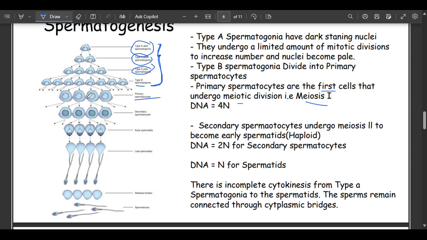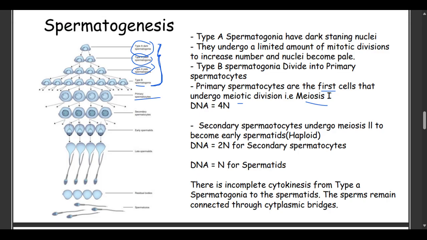That is incomplete cytokinesis. What does this do? Some research material will tell you that it's responsible for helping the cells exchange nutritional contents, support, and everything, but that has not really been conclusive. But that's basically what is happening there.